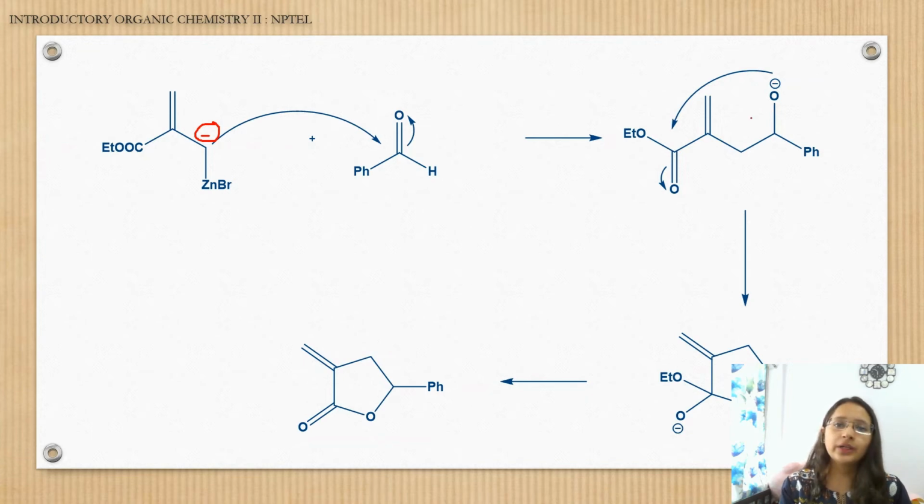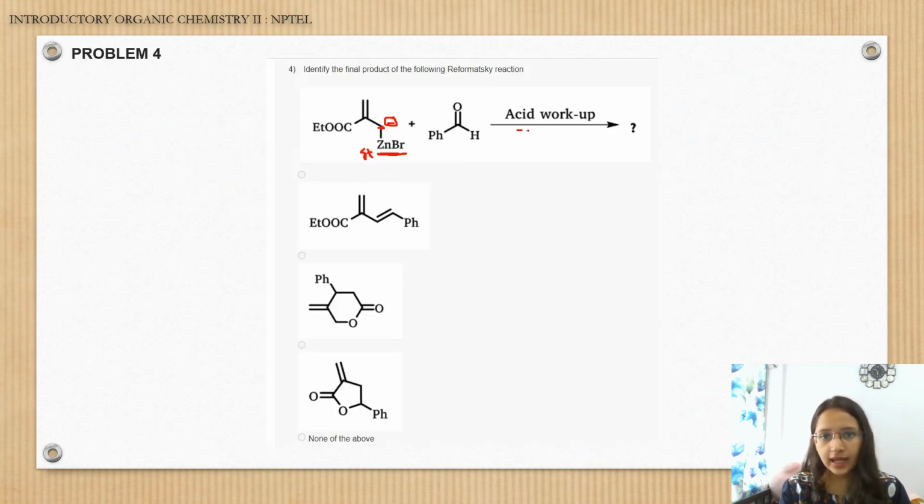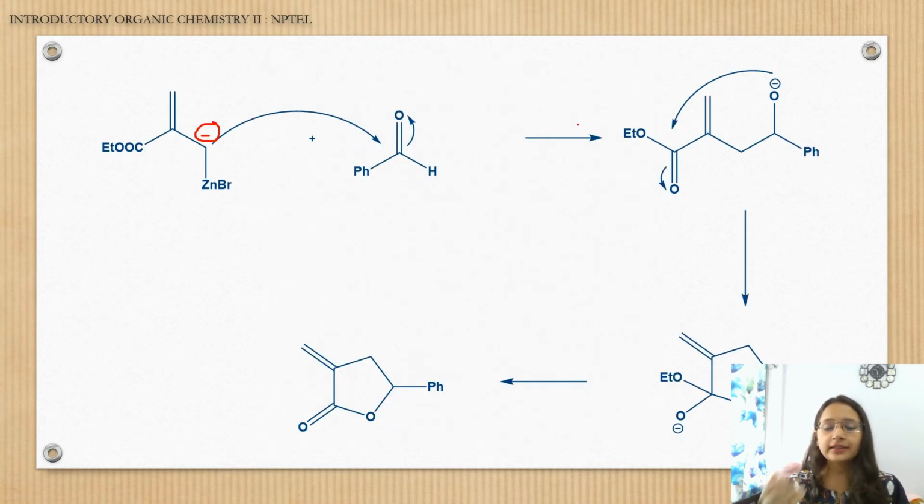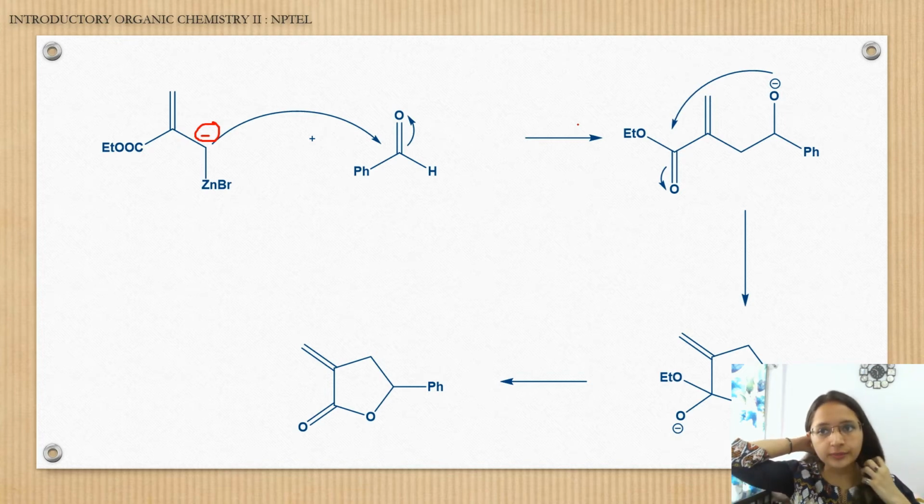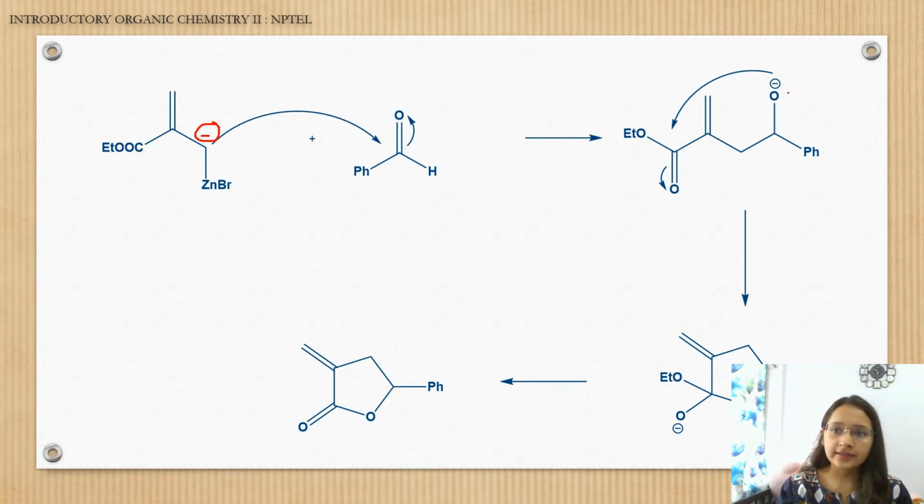Now, instead of abstracting a proton from the proton source, as they have done the acid workup, which means they have also provided you the proton source, this oxyanion can either abstract a proton and turn into an OH, or it can do another reaction with this COOEt ester group, because of the formation of this favorable five-membered species, right? Because you have a nucleophile here and an electrophile in the system, and it is intramolecularly present.